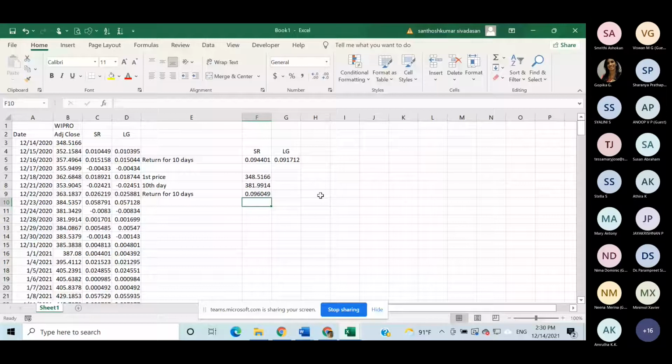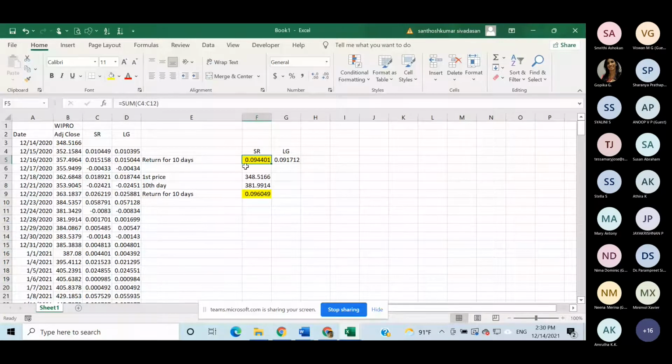So remember, when you compute the simple return by taking the first day price and the 10th day price, the return is this. When you computed the daily returns and added together the 10 days return, what you are getting is this figure. Now we are moving to log return.